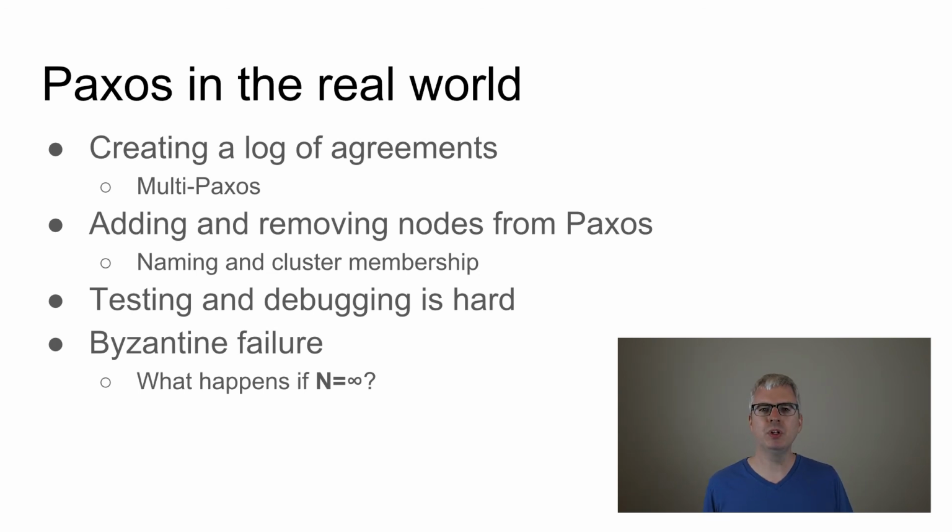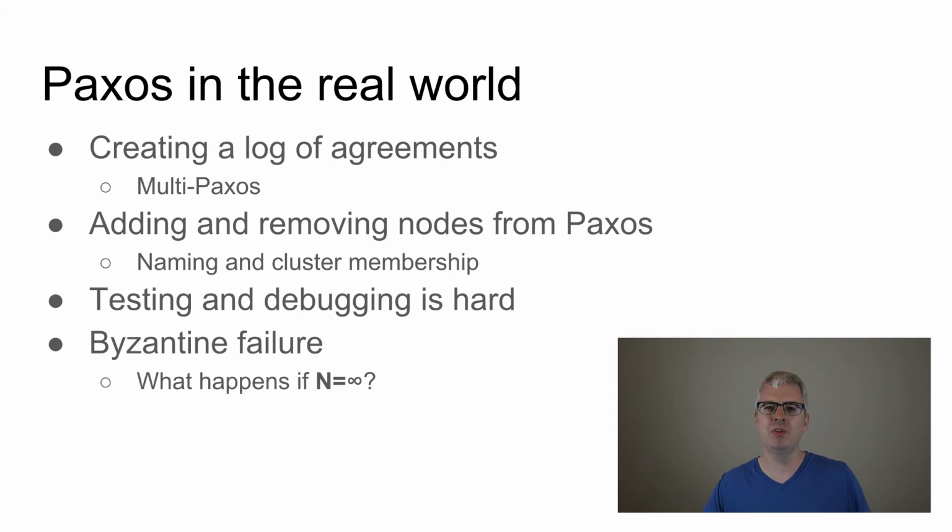Also, if you're building a real system, you probably need to administer it. You need to deal with the fact that some of your computers fail. You have to take them away and add new computers. You may want to grow or shrink your cluster over time. So you need a mechanism to make changes to your Paxos cluster while it's alive and running, because you really want good uptime. That's why you're using Paxos. So how am I going to do this?